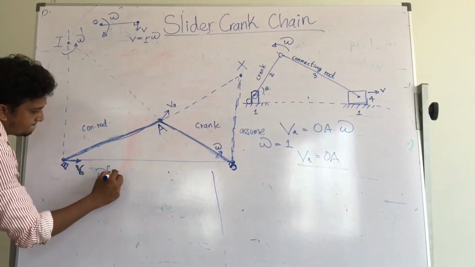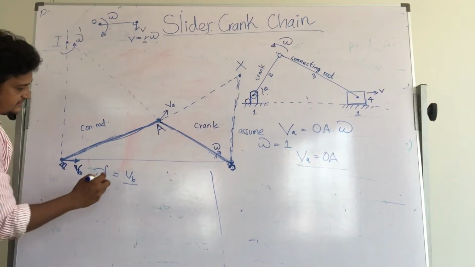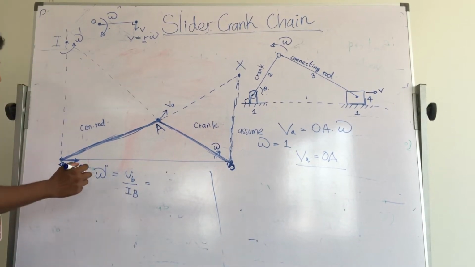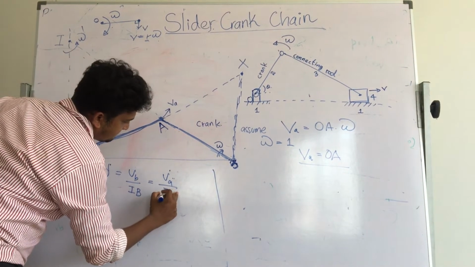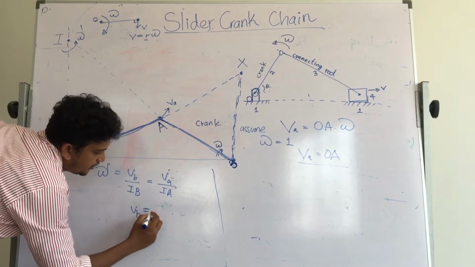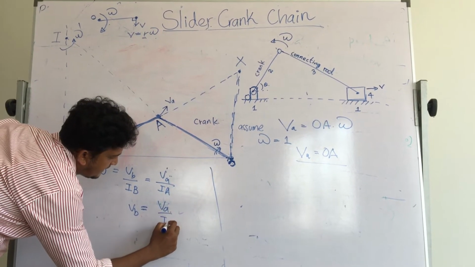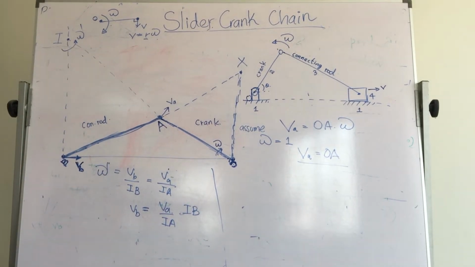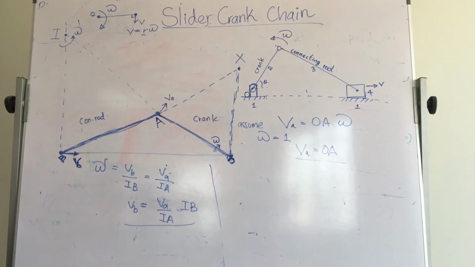So omega 1 equals VB over the distance IB, which equals VA over IA. So VB is equal to VA over IA into IB. Clear? Using the instantaneous center method, I come up with this equation.